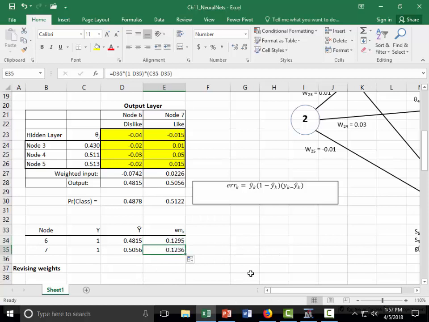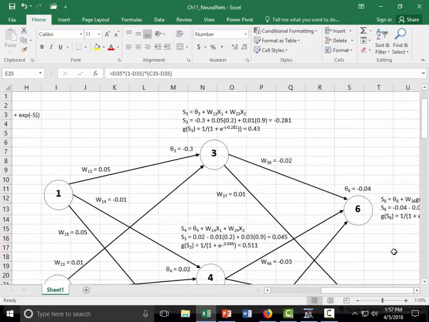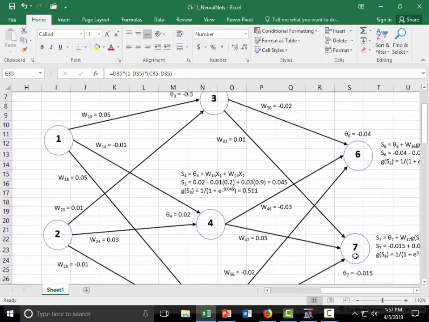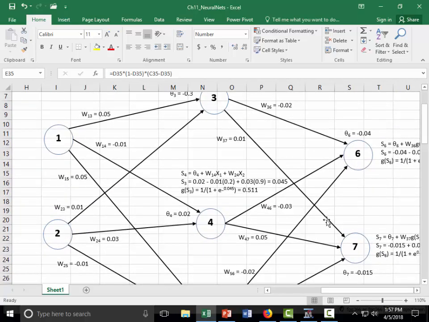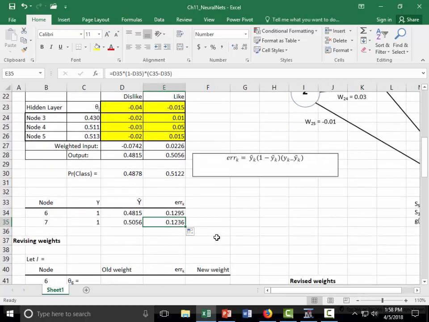Now we need to take these two errors at node 6 and 7 and use those errors, okay, for revising all of these weights now, okay, in the backward pass. Okay, so in that process we use what is called a learning factor.